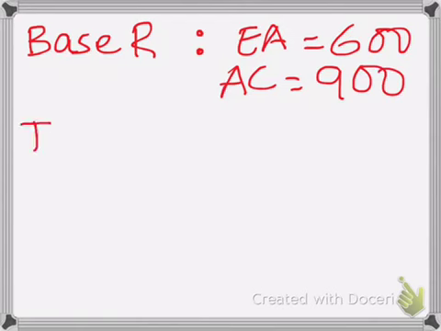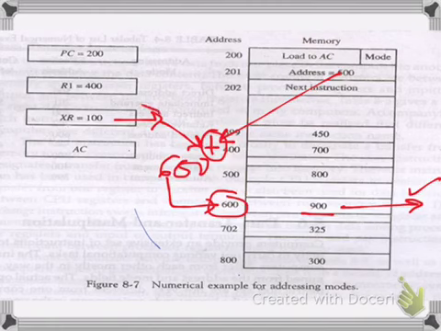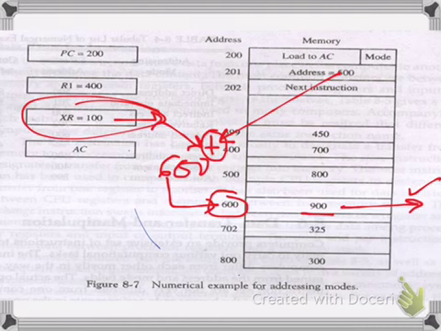And if it was indexed mode, we are also going to use the same register XR. So the process is the same, the effective address is the same, and the operand is the same. So this is an example where you can see how the effective address can be calculated according to the different addressing modes that are present.